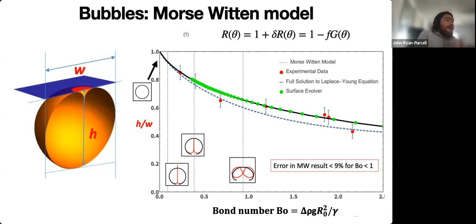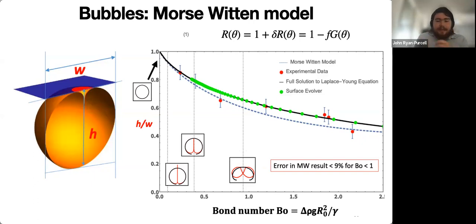The advantage that Morse-Witten has here is that it is exact in the low bond number limit, so in the case where the forces are very small, which gives an advantage over Surface Evolver, which can struggle in that area.